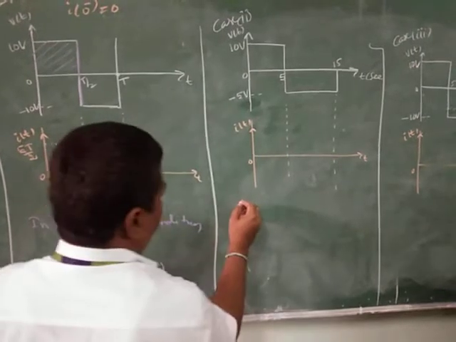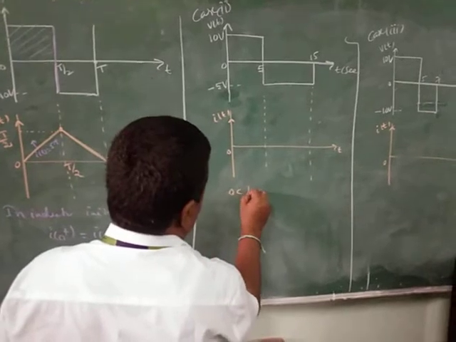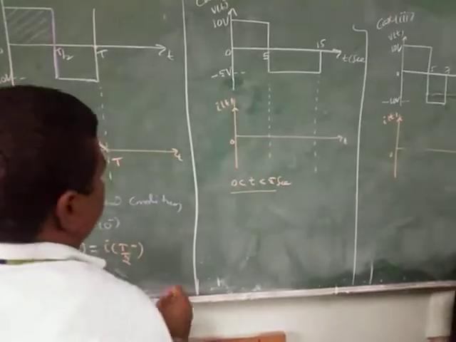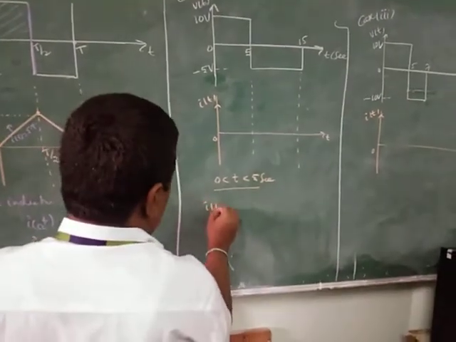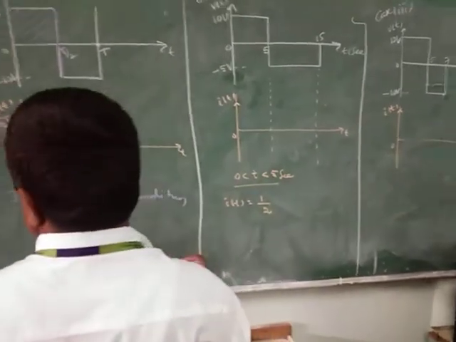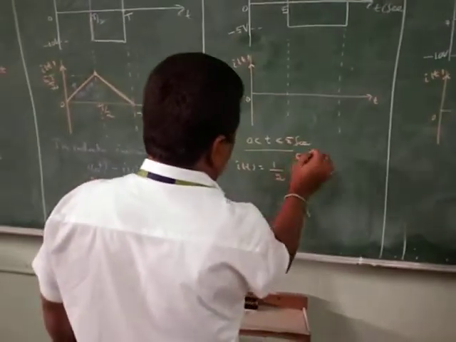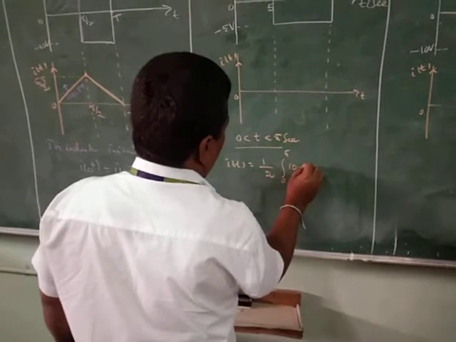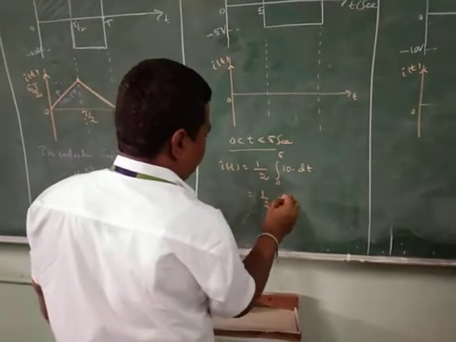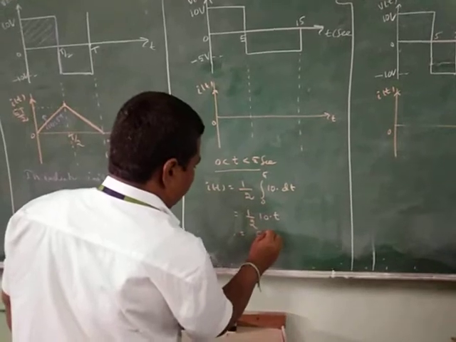Now the condition is during the interval 0 less than t less than 5 seconds. During this interval, current I of t is equal to 1 by L, that is 1 by 2 integral from 0 to 5 of 10, that is equal to 1 by 2 into 10 into t, that is equal to 5 t.